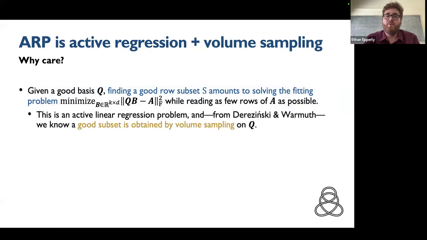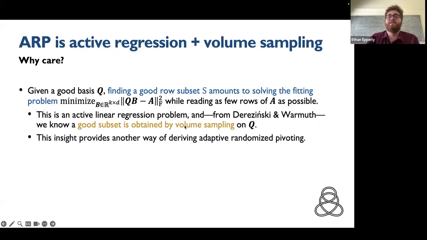And we know that for active linear regression, volume sampling on Q gives us a good way of solving this kind of linear regression problem, where really now we're doing a matrix version of active linear regression where we're trying to bring Q times B as close as possible to A. And indeed, if we use this active linear regression approach, we get an approximation to B as Q_S inverse times X, which is exactly what happens in adaptive randomized pivoting.